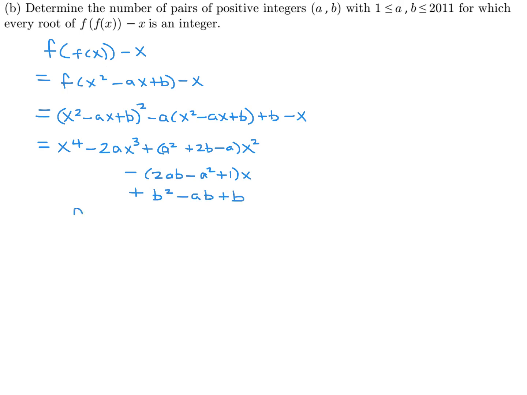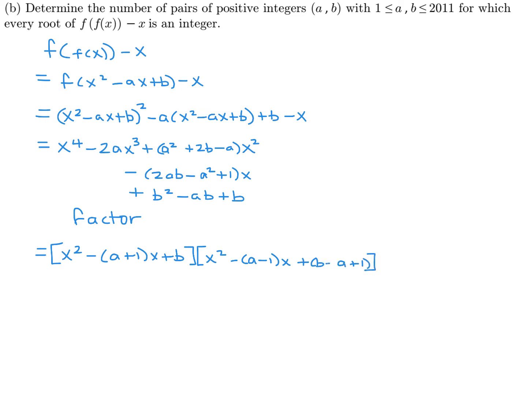Okay, so now we need to factor this. And when you factor, you will be able to get x squared minus a plus 1 x plus b. And then the other factor will be x squared minus a minus 1 x plus b minus a plus 1, like that.